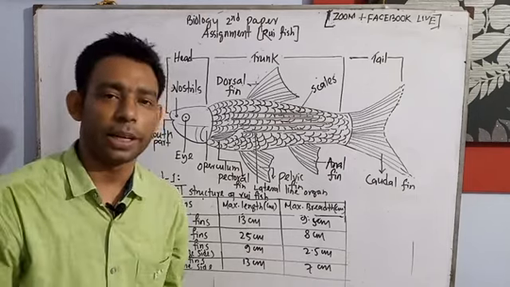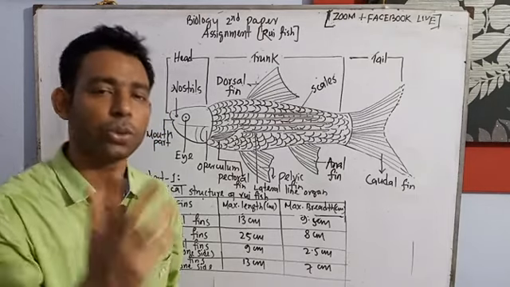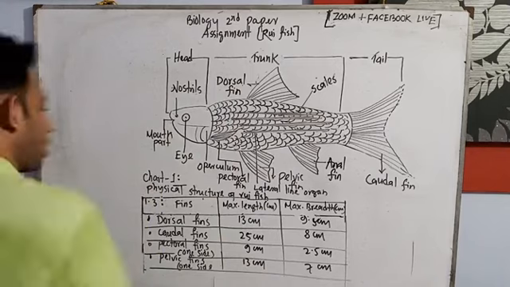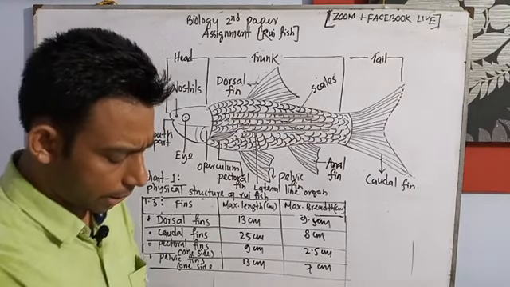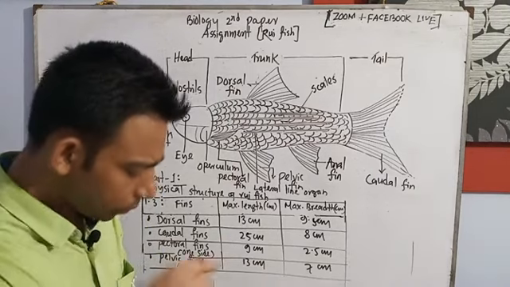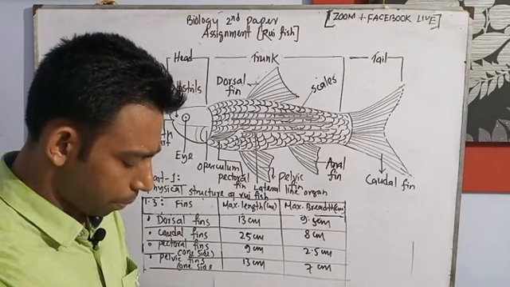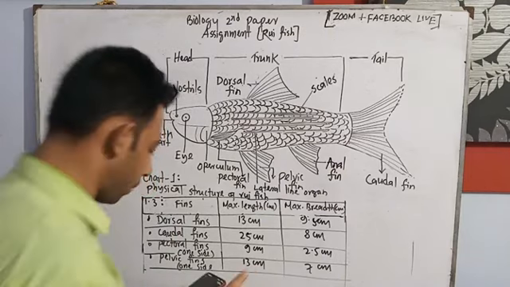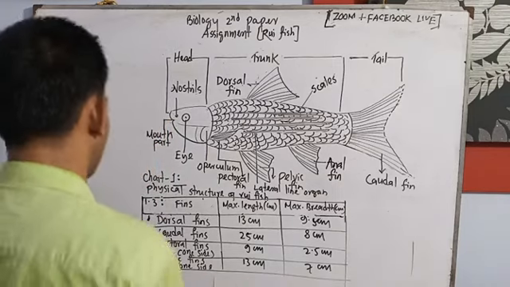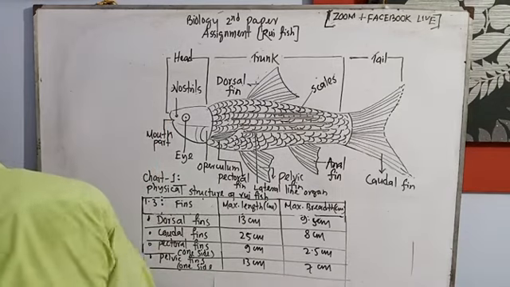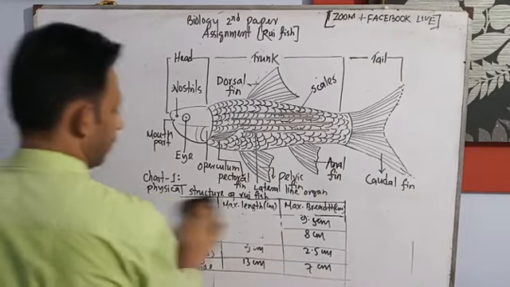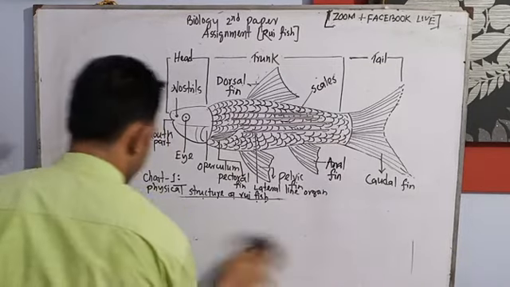3 charts, 3 boxes completed, and the last 2 are very simple. What is the assignment instruction given here? First of all, number 5. Dorsal part. Sample of a single scale. I draw it, this one, this one.